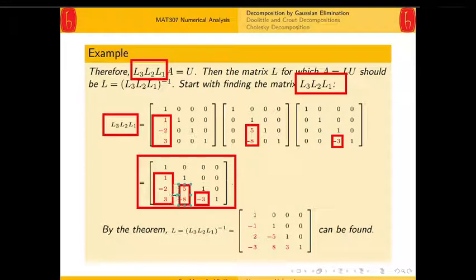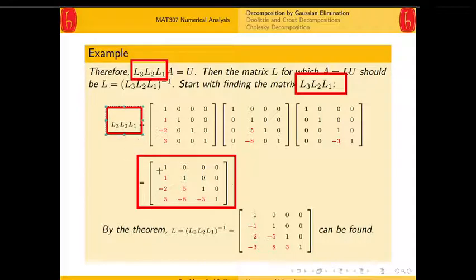Okay, then we can move on to finding the inverse. So this is our L1, L2, L3 matrix, right? So L3, L2, L1 matrix is this one. And we know if we have lower triangular matrices with diagonal entries being 1 on all the positions, then by theorem we can find the inverse of such a matrix by replacing all the off diagonal entries by their additive inverse.